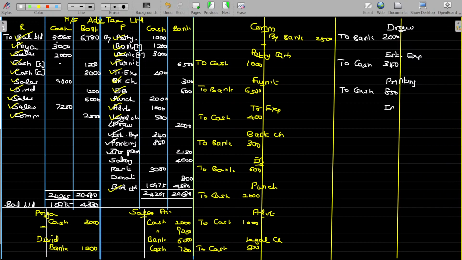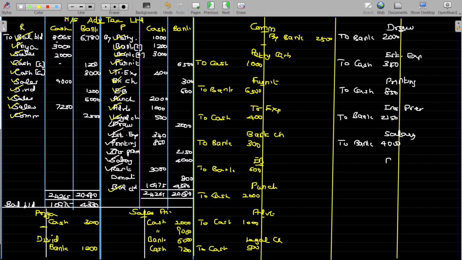Insurance premium, to cash. Sorry, bank. The payment is by way of check. So to bank, the value being 2150. Salary 4000, to bank, as salary is also paid by check.